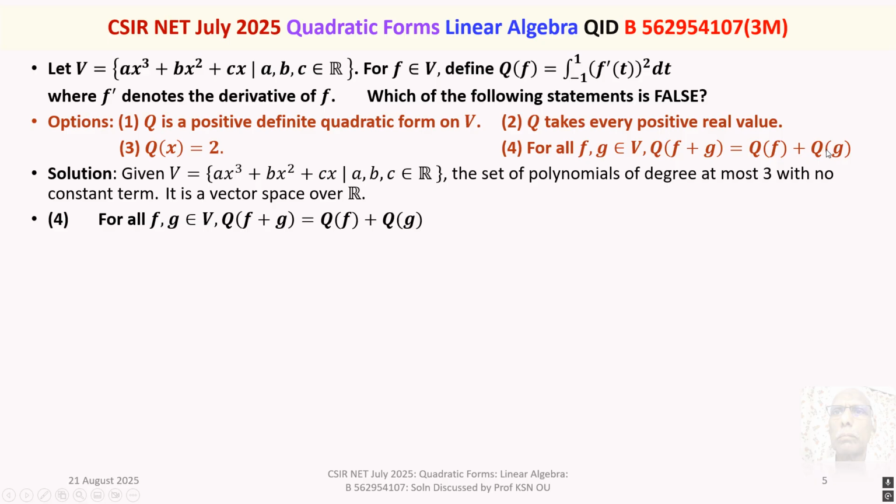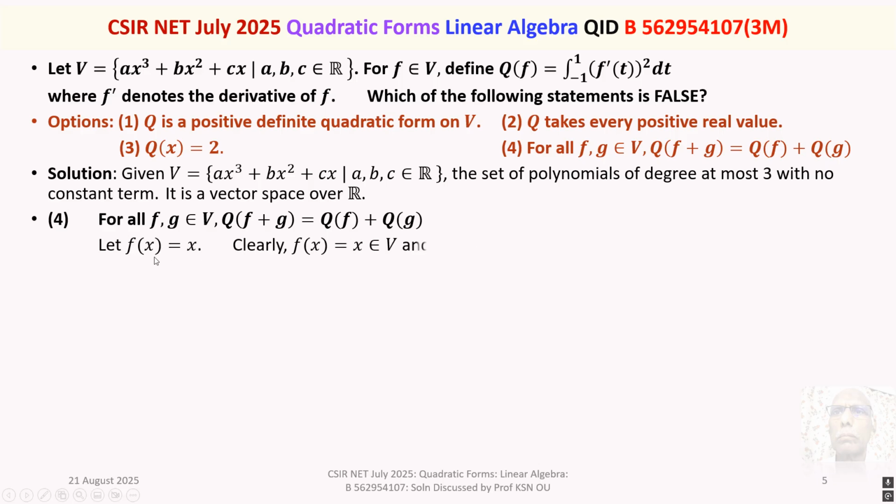But because of the presence of the square term, the integrand is a square term, Q of f plus g coming out to be equal to Q of f plus Q of g is not possible, because this is a nonlinear term, right? For that reason, this may not be true. That's the guesswork we have made, and we are now trying to show that this option 4 is false. For that, we take a counterexample.